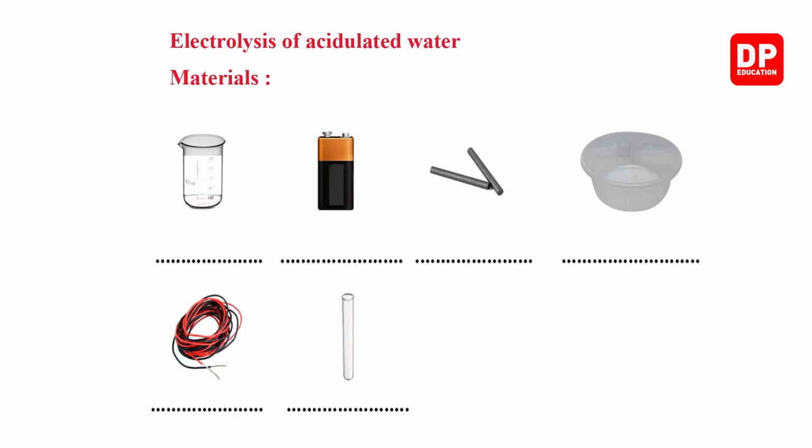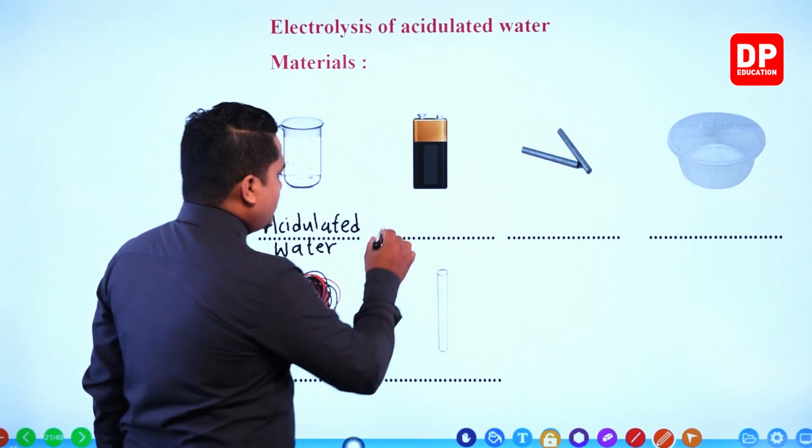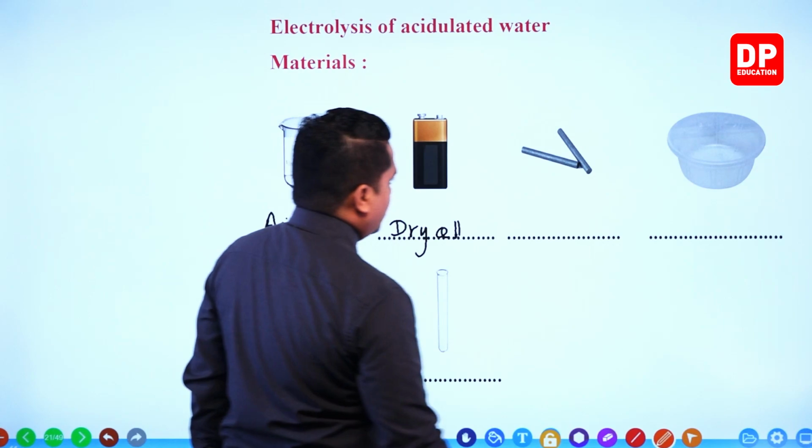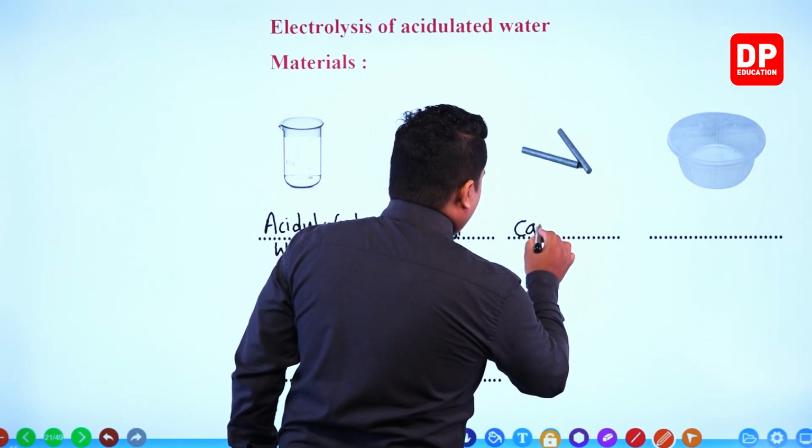First of all, you'll be needing acidulated water, then a dry cell, then carbon rods.